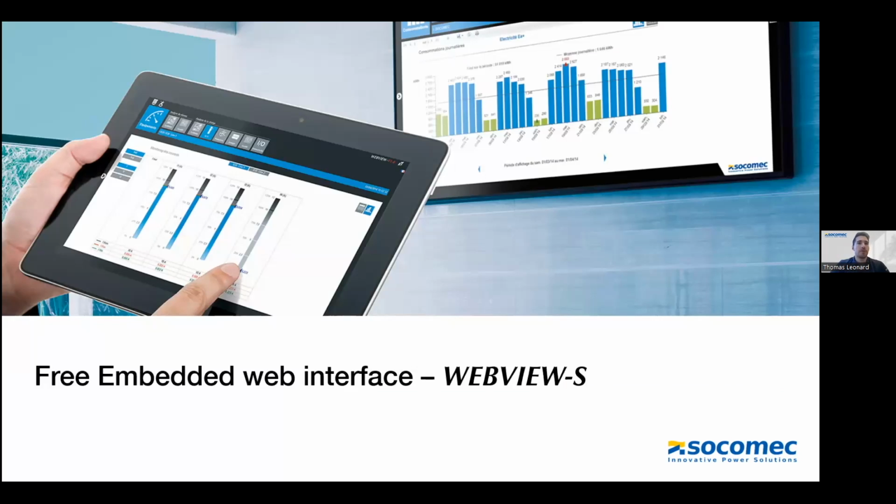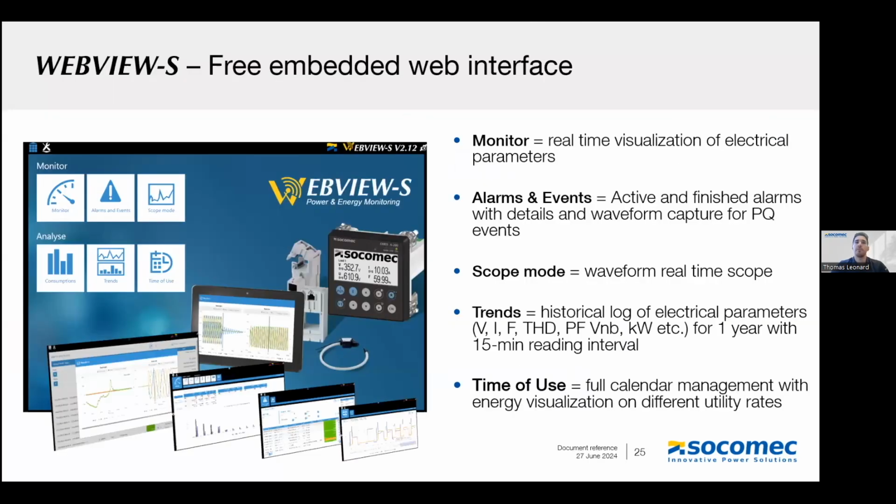Just a few words on the WebView interface that I was talking about. Again, it's a free interface, and you have different menus allowing you to view real-time parameters of all types. Then you have an alarms and events menu, which allows you to take a look at active alarms, and also a summary and a log of all the finished alarms with details such as waveform capture, as I was saying.